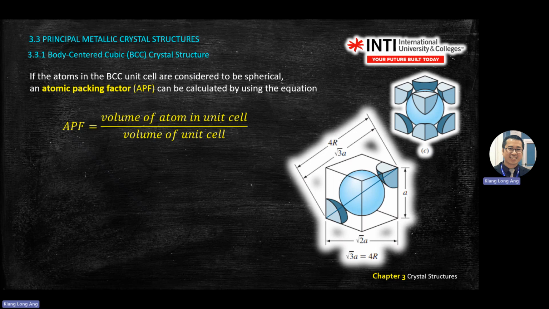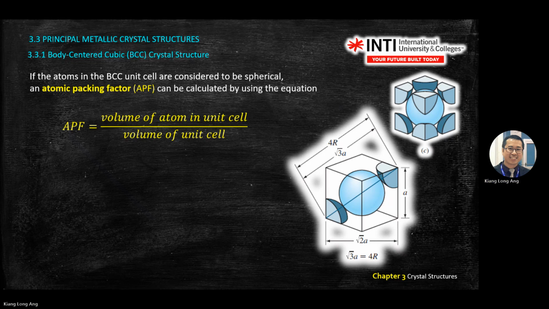But you cannot use A. Why? Because you cannot solve this one. The top part of the equation is in terms of R. This one is in terms of A. You cannot solve. But there's a relationship in BCC that you can use. Just now we derived A equal to 4 divided by square root of 3 R. Take this one, substitute inside the below one.